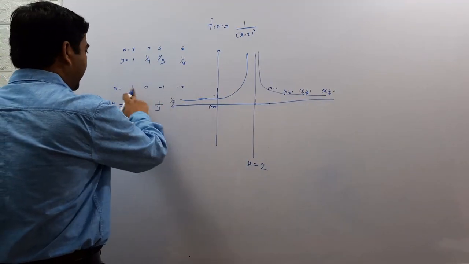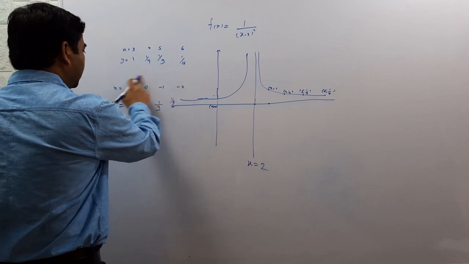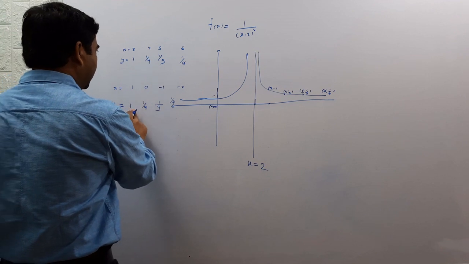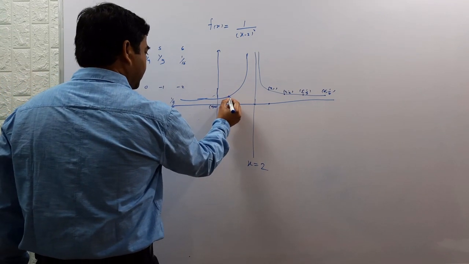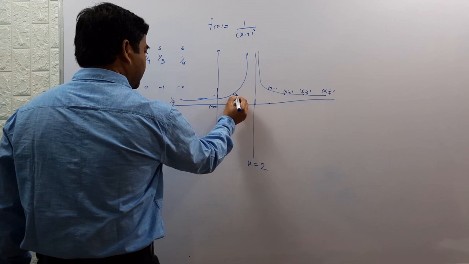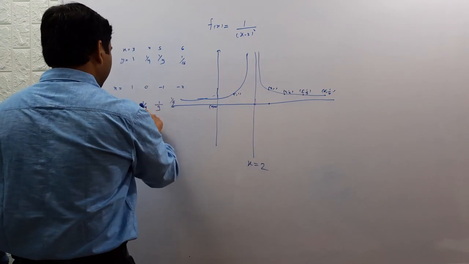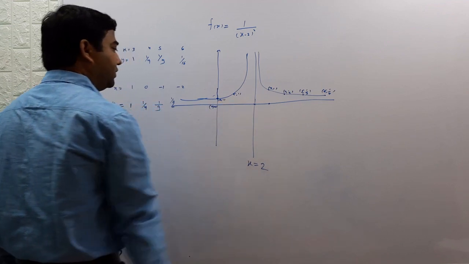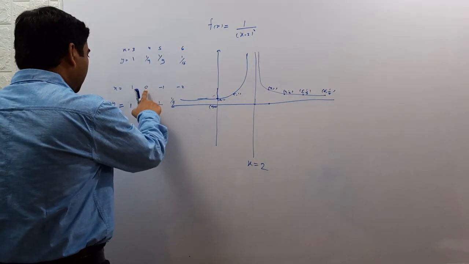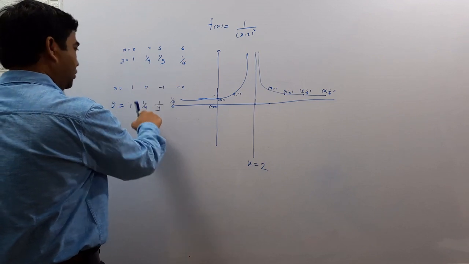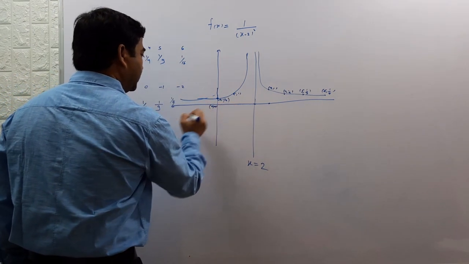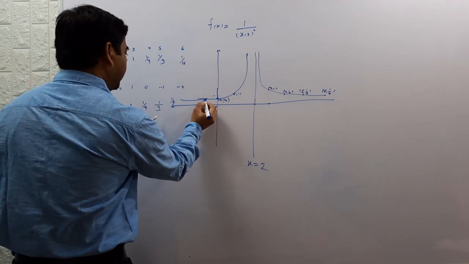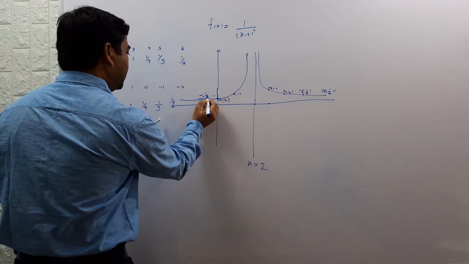Similarly, for x equal to these values, you will get such values of y, and corresponding points are 1, 1, 0, 1. It will cut the y-axis at 0, 1 by 4, sorry. This is the point. Similarly, minus 1, 1 by 9.